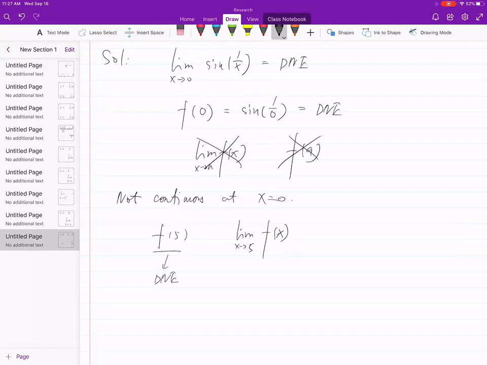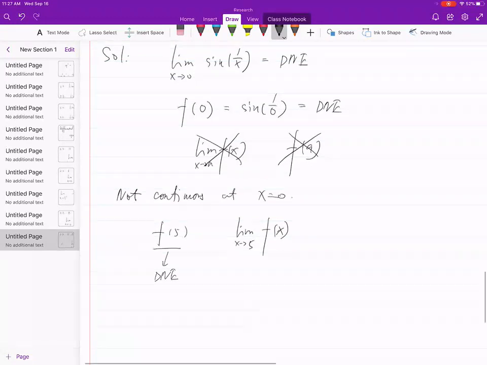Automatically, not continuous. What else can happen? This one does not exist. Then, of course, not continuous. What else can happen? They both exist, but they are not the same as each other. Then again, not continuous. Still okay? So finally, if both exist and they're the same, that's the moment you're going to say it is continuous.